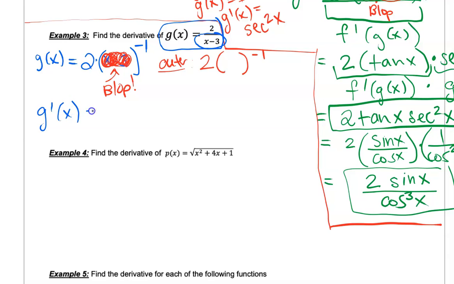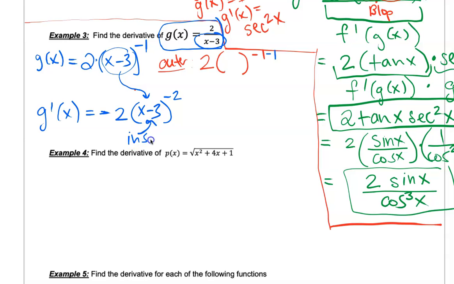So g prime of x is equal to negative 2 times the blob, if you will, to the, and then remember, when you subtract 1 from negative 1, you get negative 2. So at this point is when you would plug in your inner function inside here. So when you take the derivative of the outer layer, the inside function stays put. You don't do anything with it. You don't take its derivative yet. You just plug it inside the derivative of your outer function.